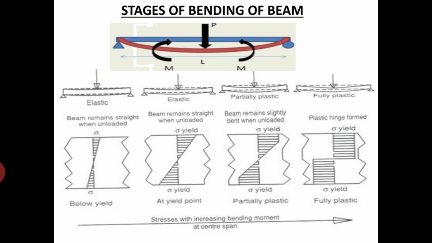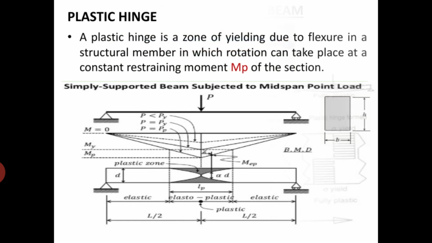Then next will be the plastic hinge. As you know how the plastic hinge will form, a plastic hinge is nothing but a yielding zone with significant inelastic rotation which forms in a member when the plastic moment capacity is reached at a section.